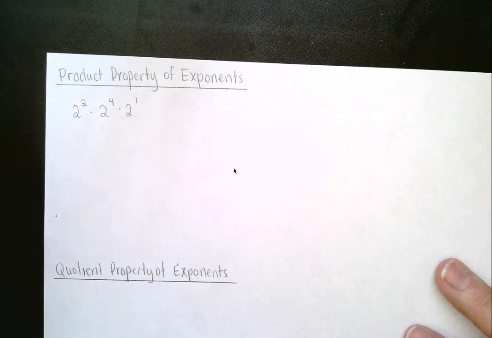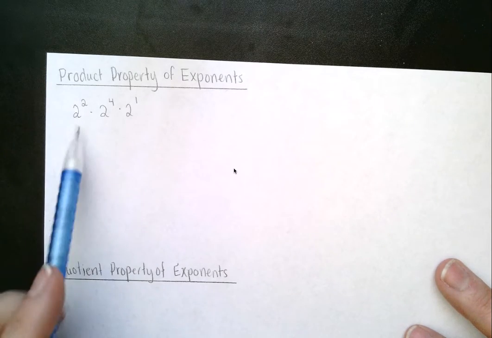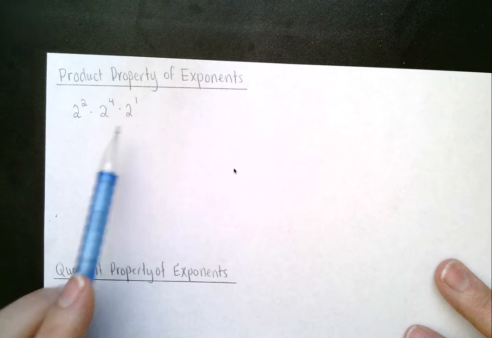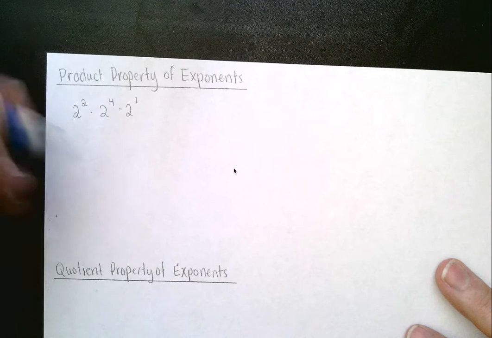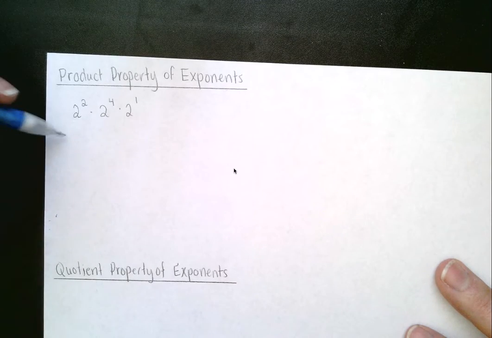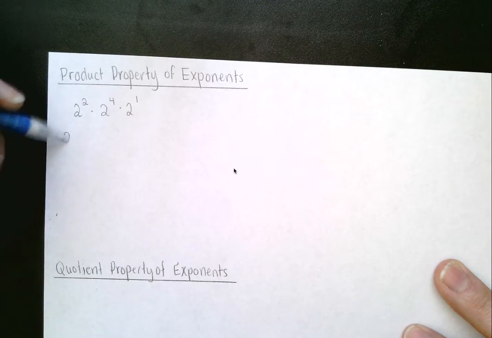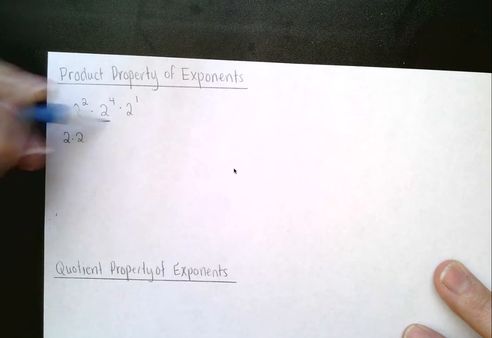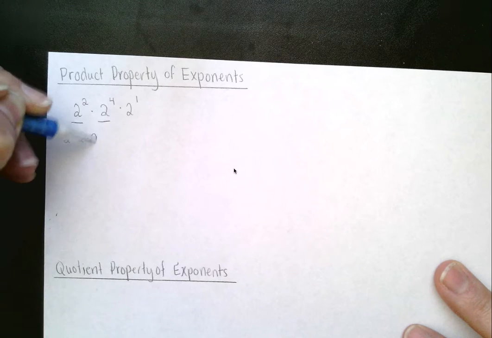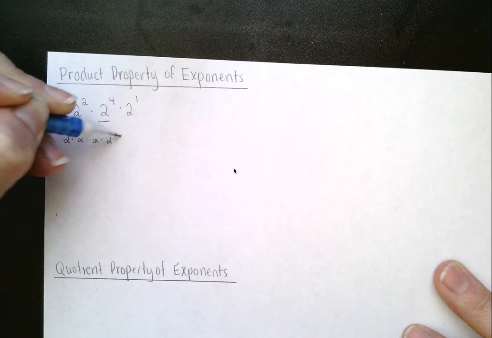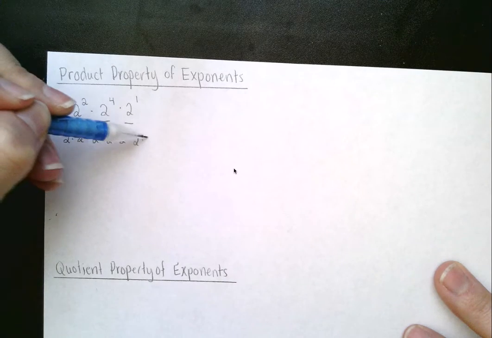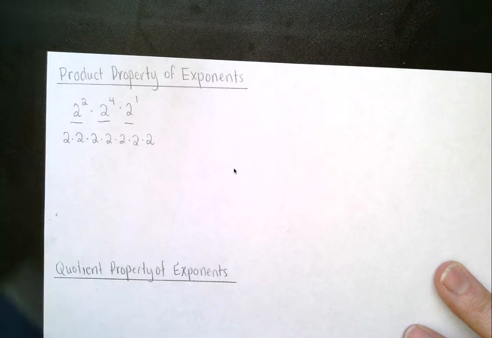So this is a product because we're multiplying 2 to the second times 2 to the fourth times 2 to the first. If I were to write this in a longer way, I could just write all of the numbers. 2 to the second power is 2 times 2, and I multiply that by 2 to the fourth power, which is 2 times 2 times 2 times 2, and then one more time times 2 to the first power, which is just 2.